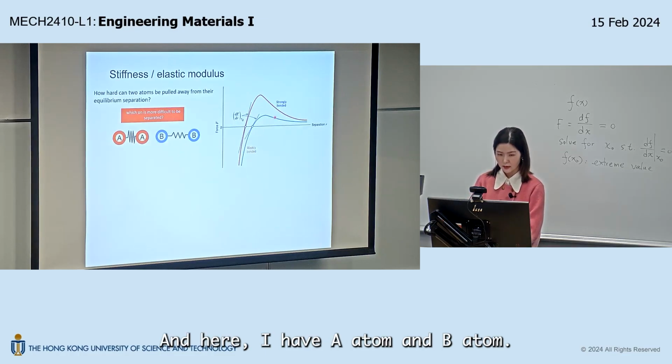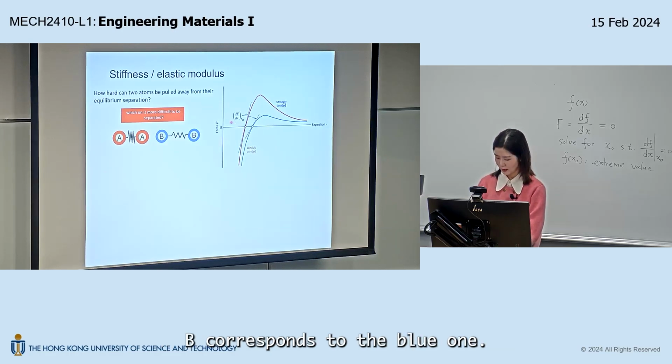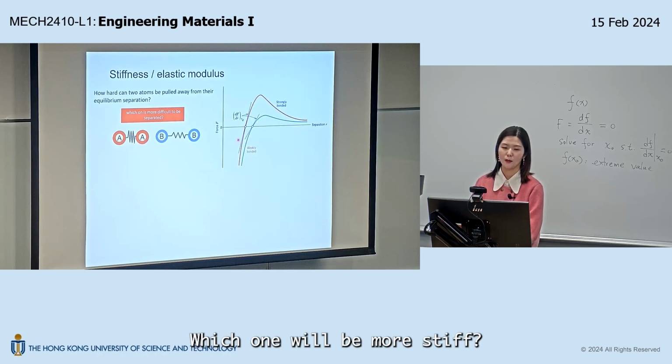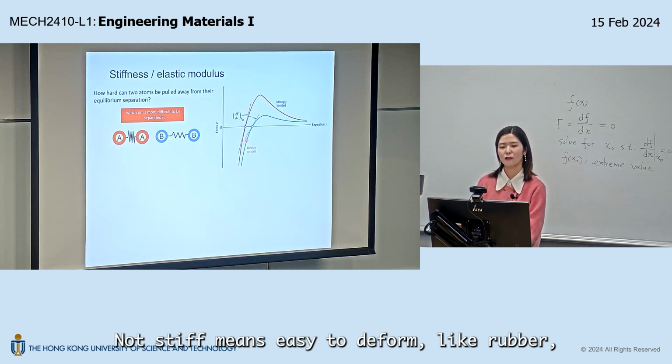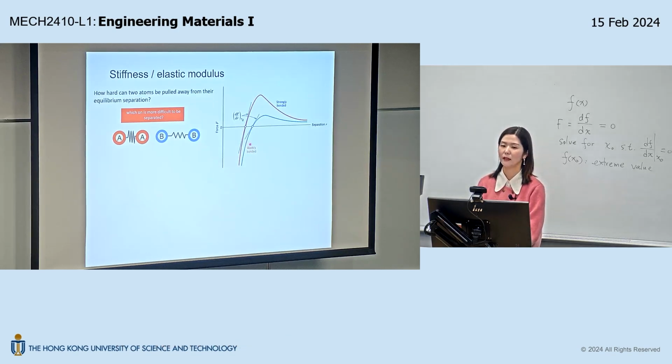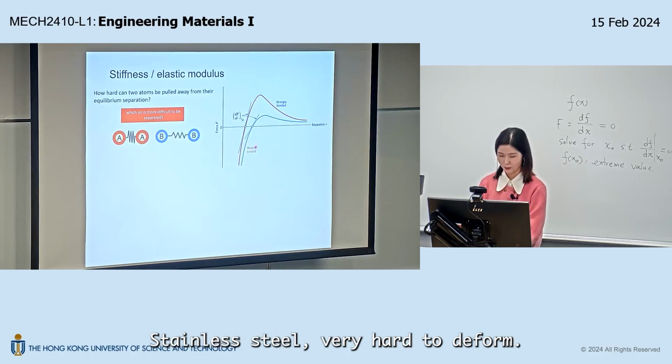Here I have an A atom and a B atom. A corresponds to the red one, B corresponds to the blue one. Which one will be more stiff? Stiff means hard to deform. Not stiff means easy to deform. Like rubber, very easy to deform. Like stainless steel, very hard to deform.